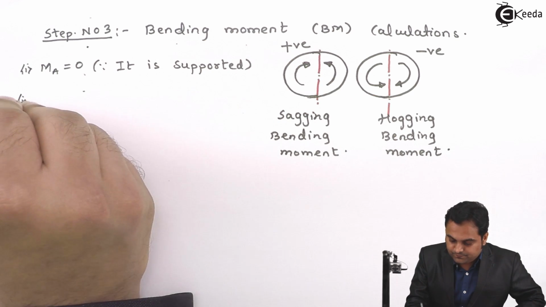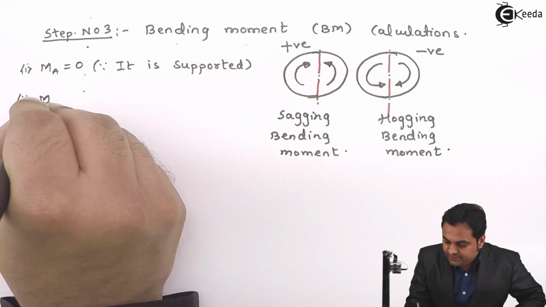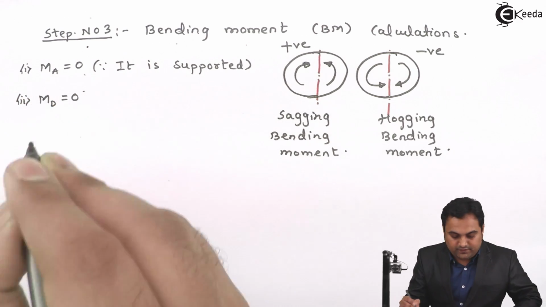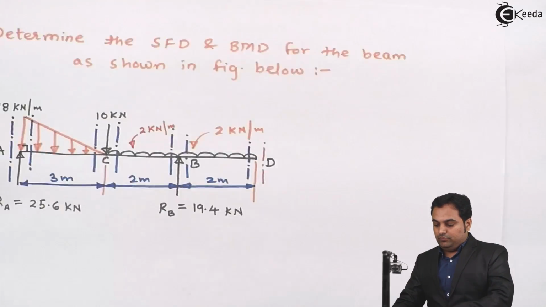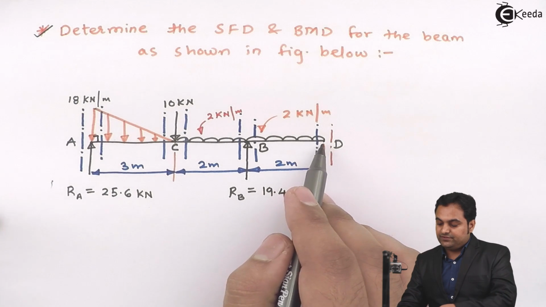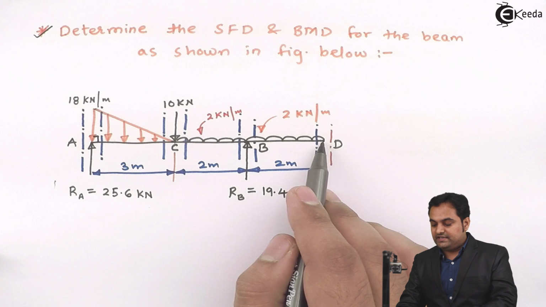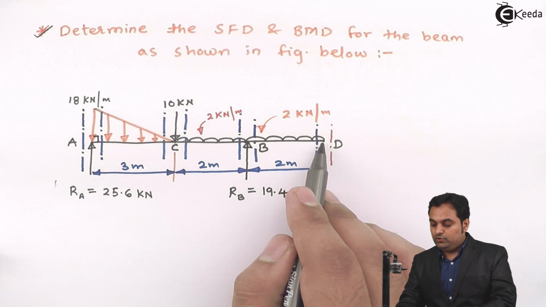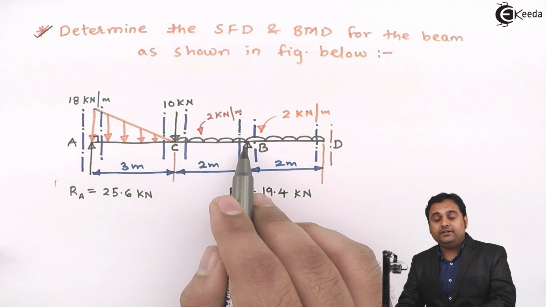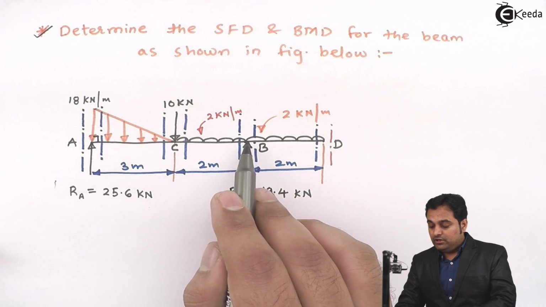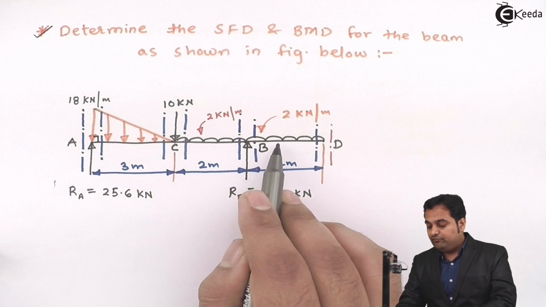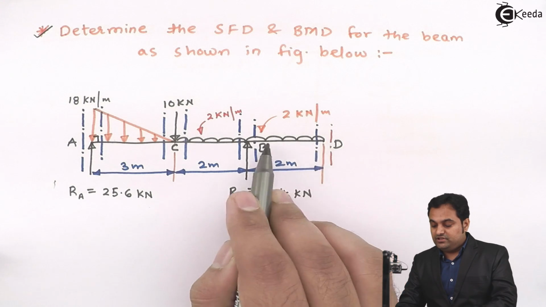Next, moment at D is equal to 0 because it is a free end. We don't have any load acting from there, so at D the moment will be 0. But at B it won't be 0 because after B we have some part of the beam which is extended, this BD portion.